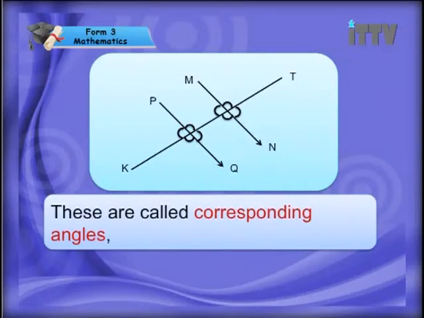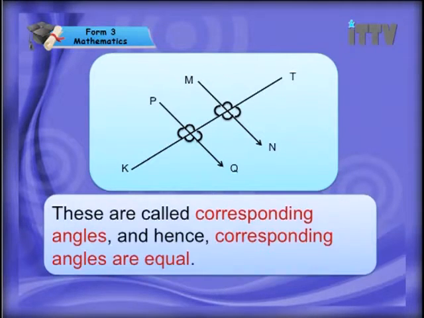Well, boys and girls, do not be afraid of these large words. I will make this subject very easy to understand. Without further ado, let us proceed. These angles are called corresponding angles, and hence corresponding angles are equal.